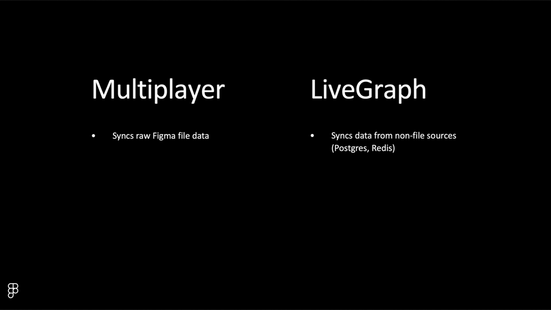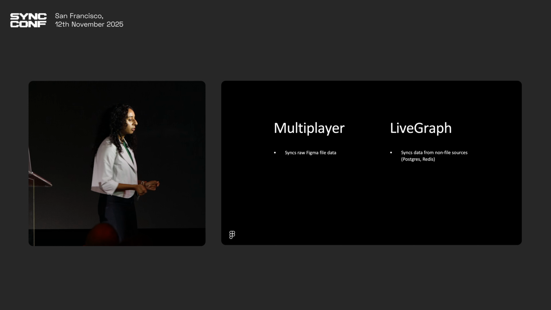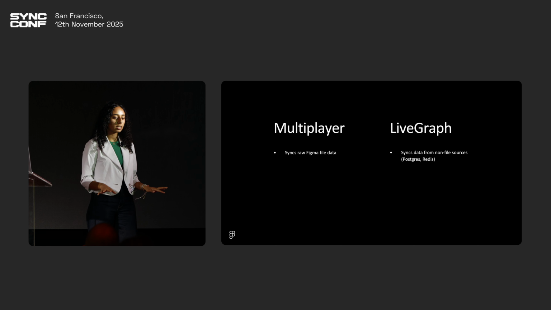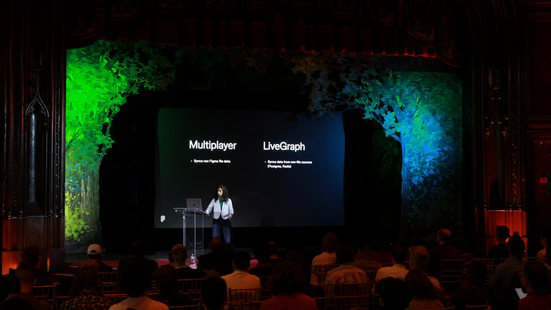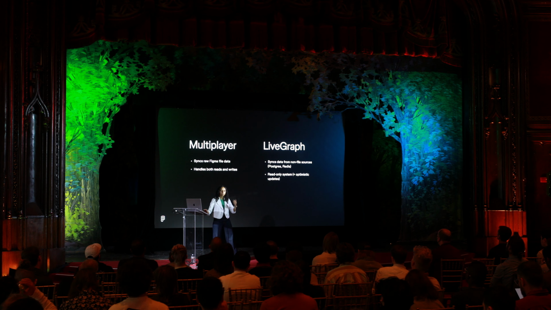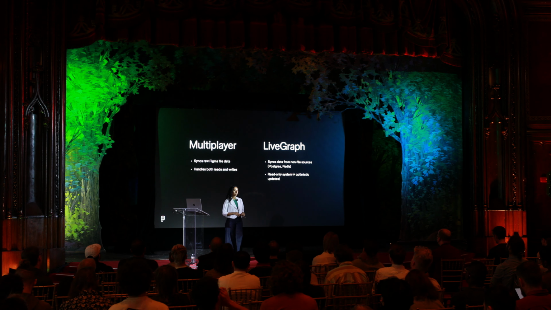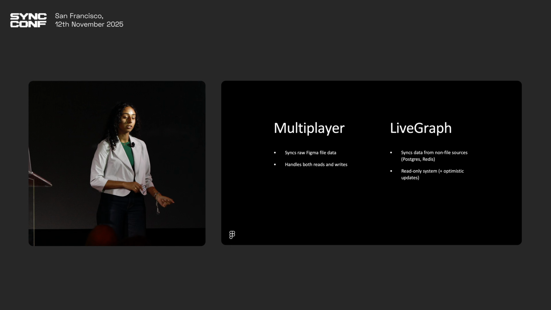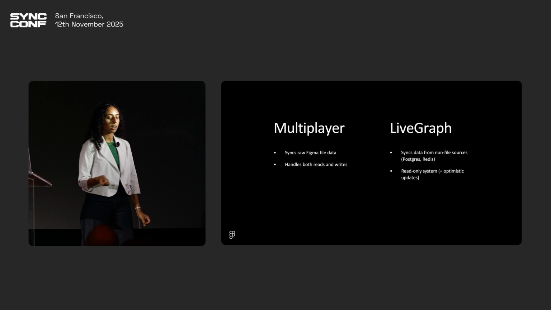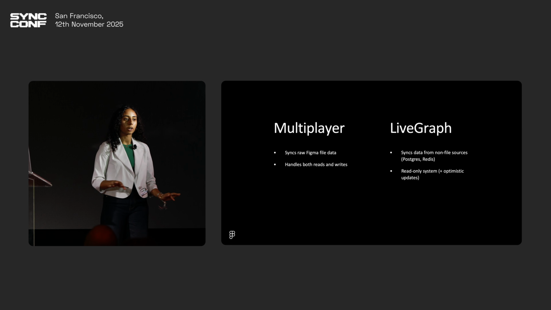Cool. So a quick recap, here are the differences between multiplayer and LiveGraph. Multiplayer syncs the raw Figma file data, while LiveGraph syncs data from non-file sources in the Figma backend. So Postgres and Redis are some examples. Multiplayer handles both reads and writes over a WebSocket session to our multiplayer server, while LiveGraph is a read-only system. So all writes go through our REST API legacy backend.